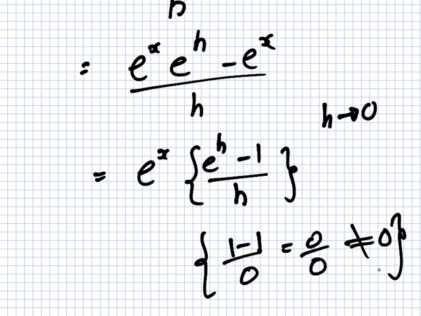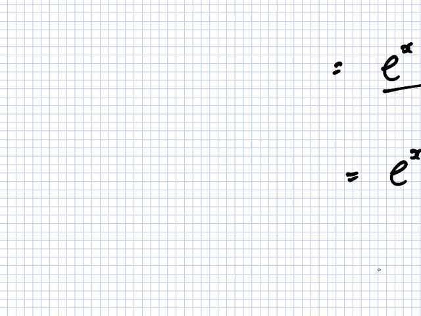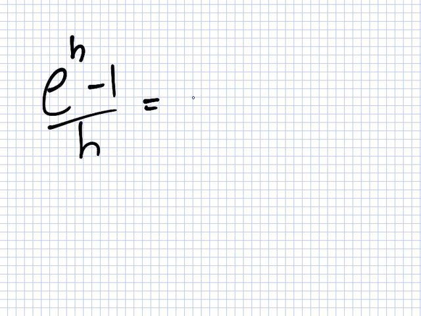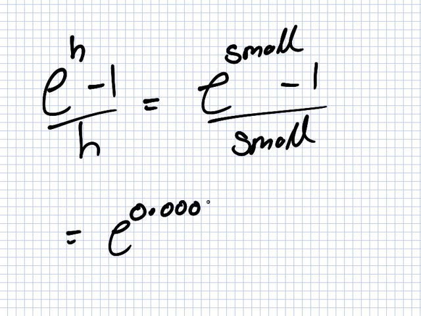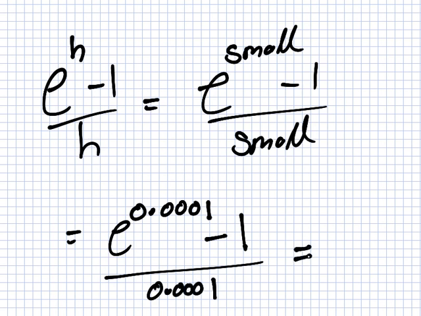So how can we find the value? Let's just remember what h is. We can estimate the value. Remember, e to the h minus 1 over h is just e to a small number, minus 1, over the same small number. So on your calculator, if you type in e to the 0.0001 minus 1 over 0.0001, you don't get 0, you don't get infinity, you get a number, about 1.